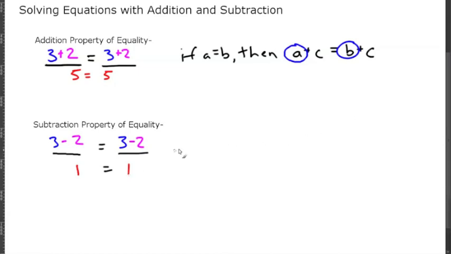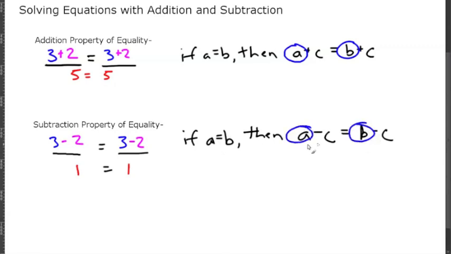So in terms of variables, that's saying if A equals B again, meaning A and B have to be the same exact number, then A minus C is also equal to B minus C. And remember, A and B are the same exact number.